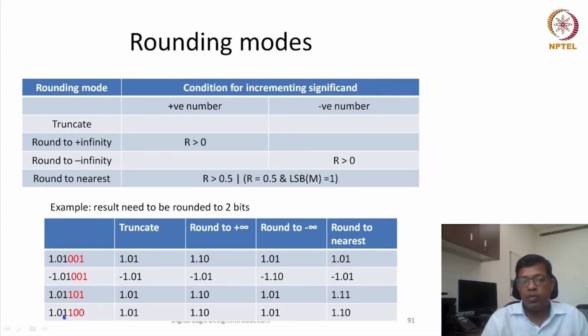Okay, the last case, if my residue is exactly 0.5, 100, or all zeros after this one. In truncate, I will simply remove this 0.5. In case of plus infinity, I will add 0.01. In case of minus infinity, I leave it.